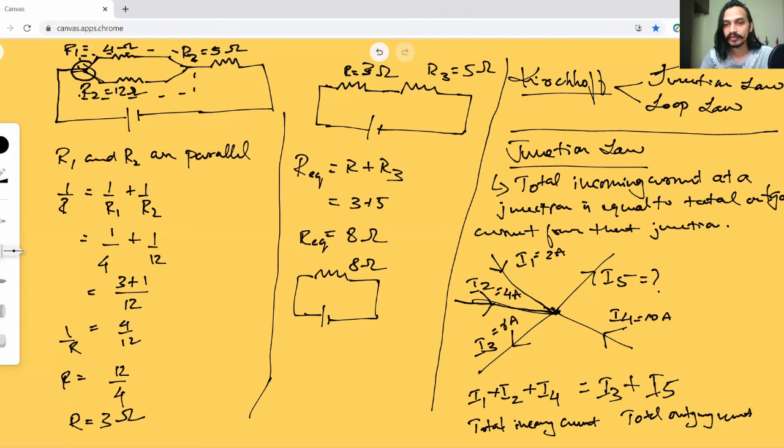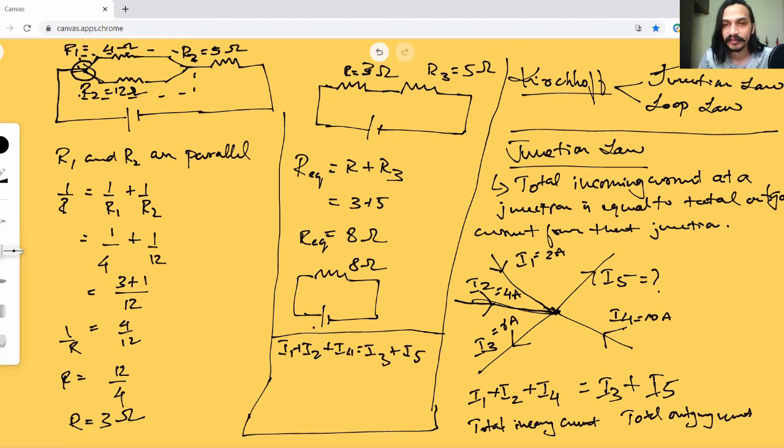Simply using this equation. Now if I substitute these values, let me just solve it over here. I write the equation again: I1 plus I2 plus I4 equals I3 plus I5.